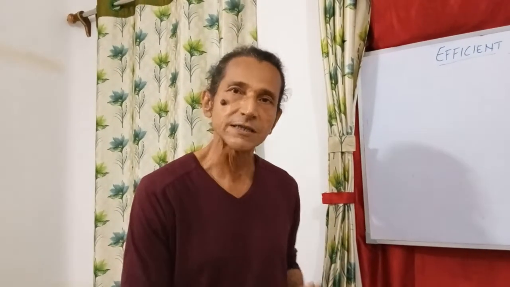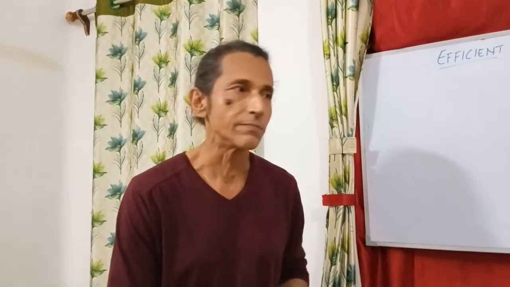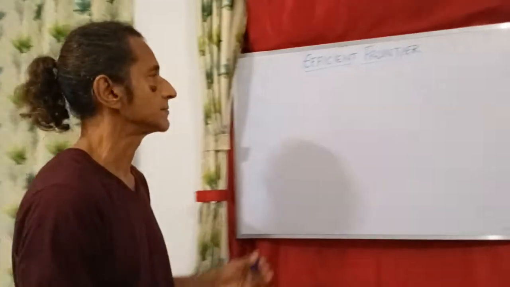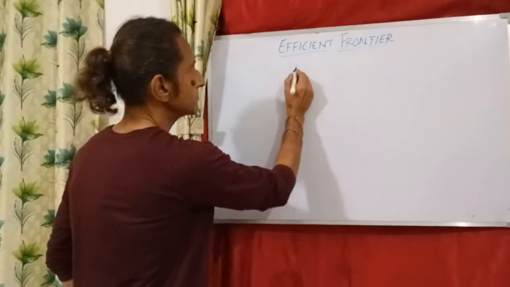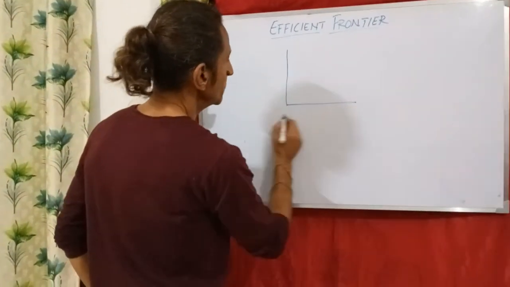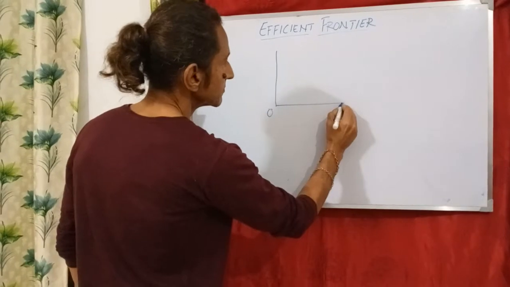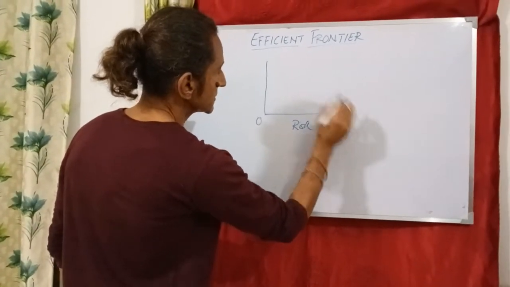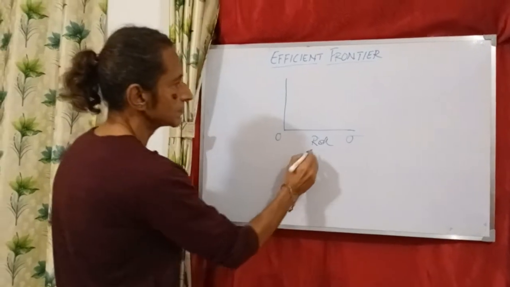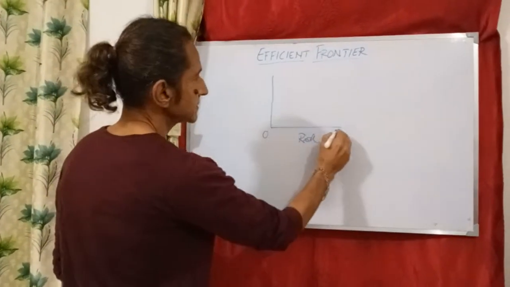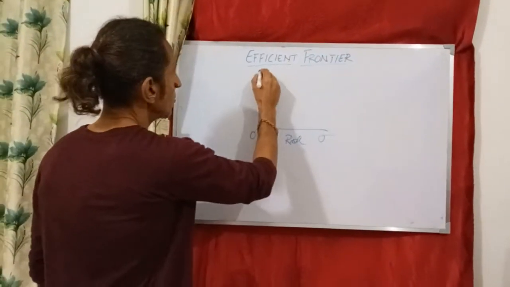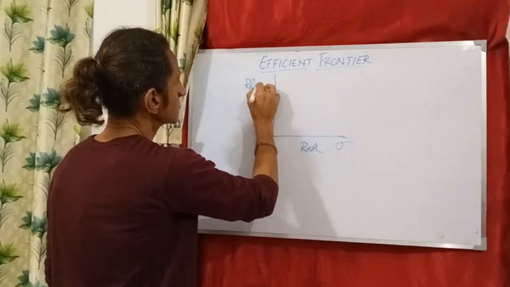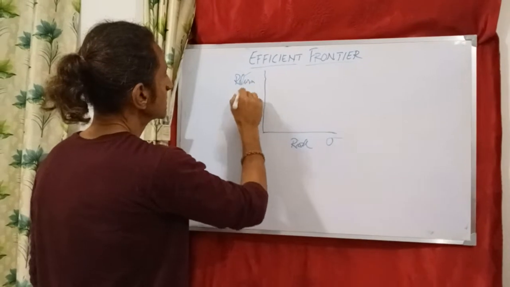Let us try to understand through a diagram. In this diagram, we measure risk, that is standard deviation SD, on x-axis, and on y-axis we measure return, that is mean.